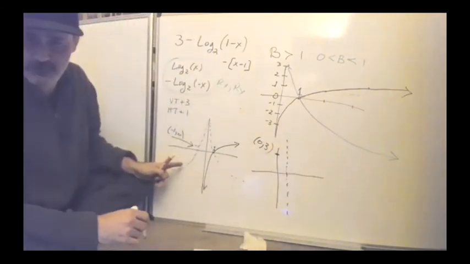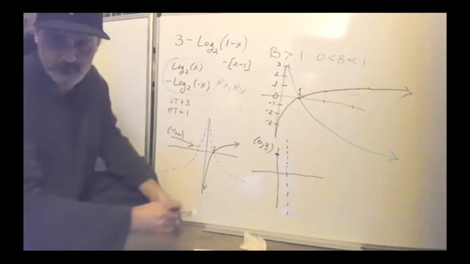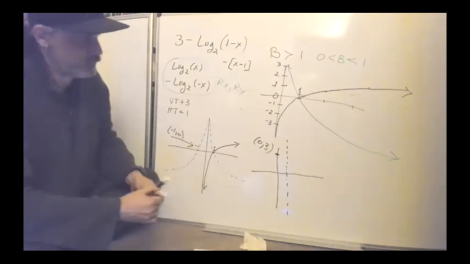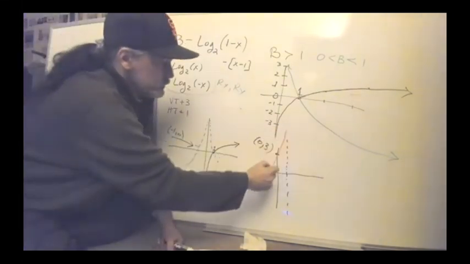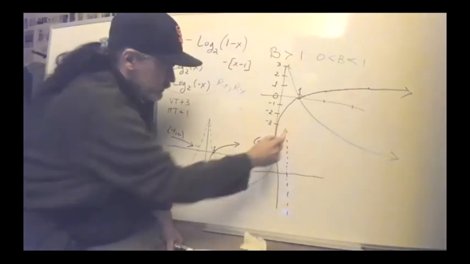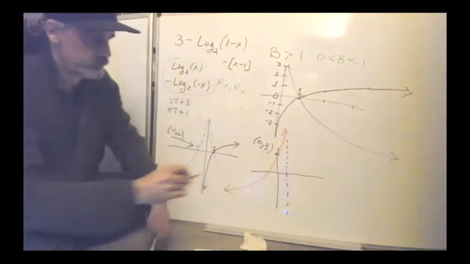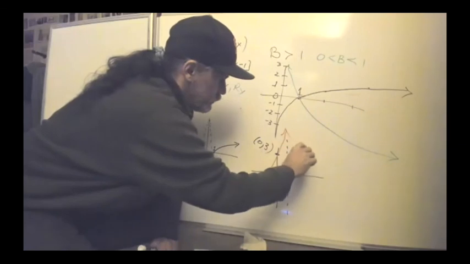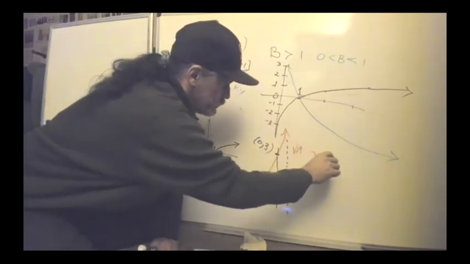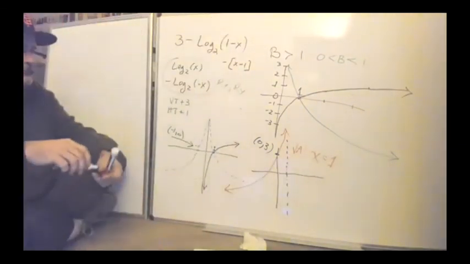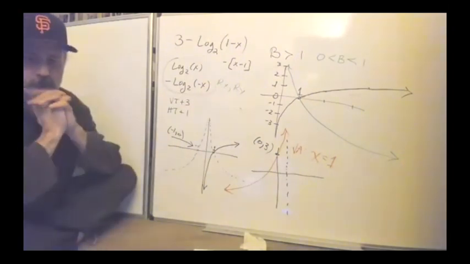The shape of the graph doesn't change, it just moved over. So now our graph would be like this, and the vertical asymptote is now x equals 1.